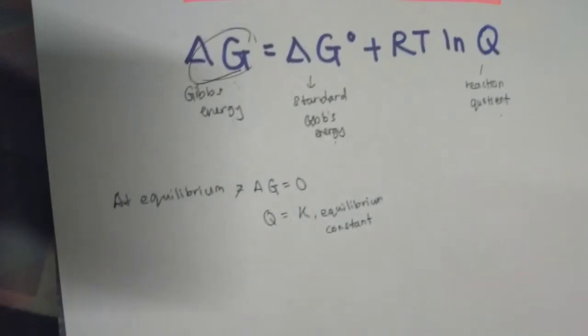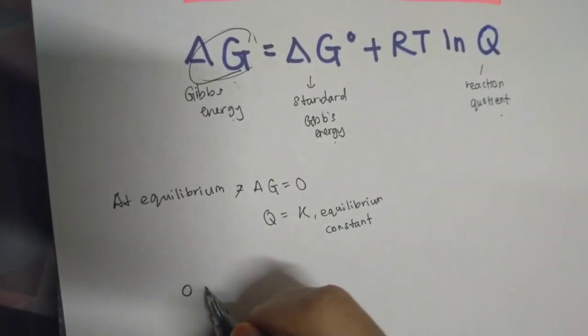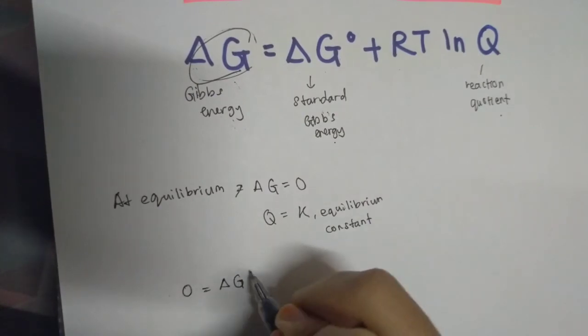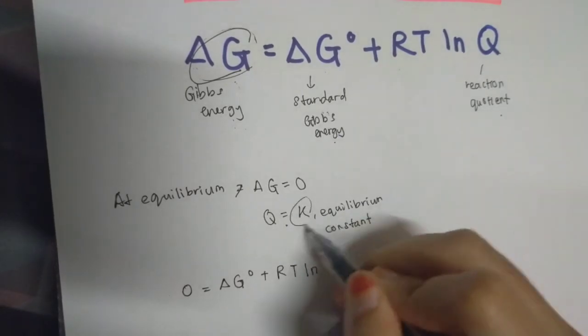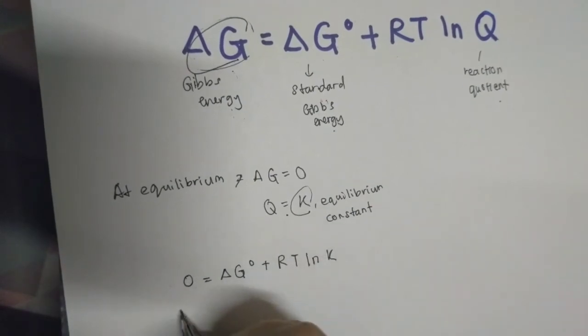So when we rearrange it, it becomes: 0 equals delta G naught plus RT ln K.